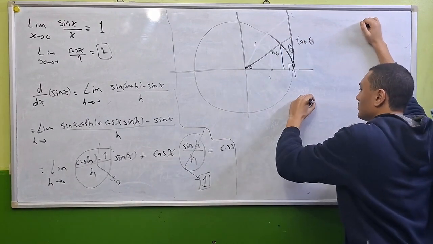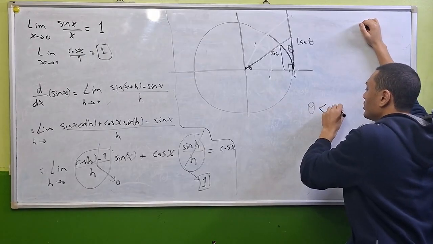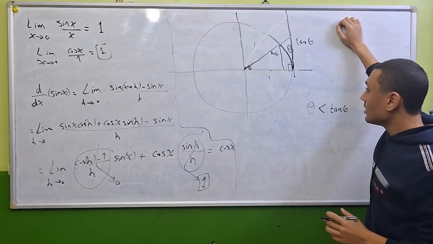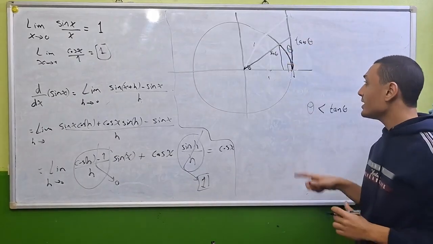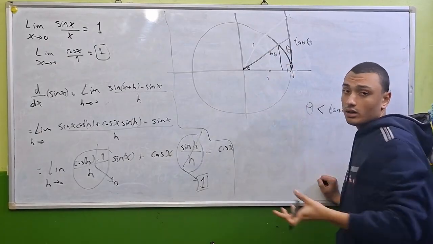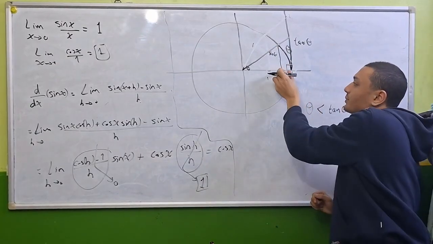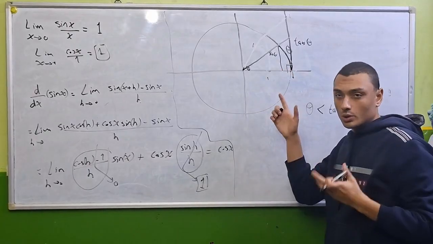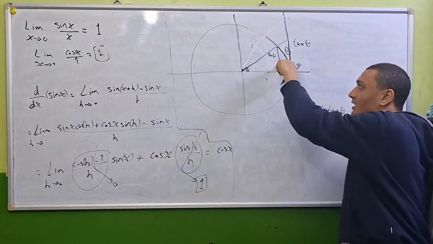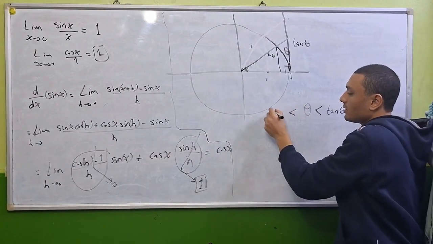So theta is smaller than tangent of theta, and at the same time it is greater than sine of theta, because this is an arc and this is a straight line, and always an arc is longer than the straight line because these points are too close to each other. So this is what makes this arc longer than sine theta. So theta, which is the arc length, is longer than this height, which is sine theta.